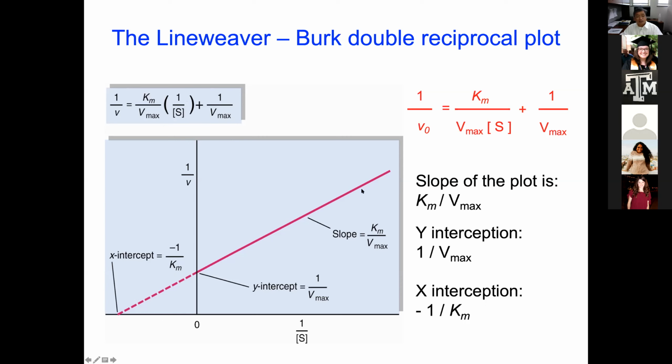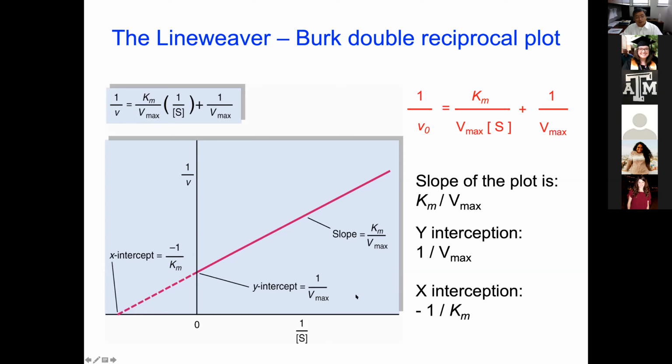Now extrapolate this curve until it intersects with the x-axis. That means the inverse of the velocity equals 0, and you end up with an intersection where the inverse of the substrate equals the negative inverse of Km.